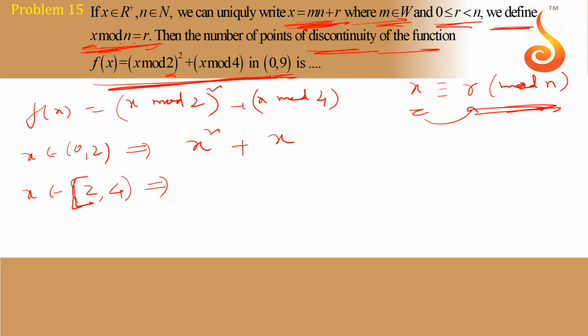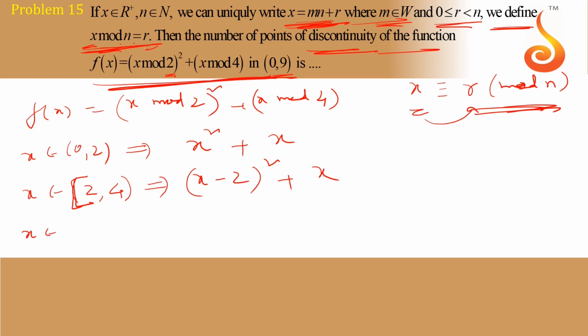It will be 1. If I take 3.2 with modulo 2, then what is the remainder? 1.2. Can I say what you are observing is nothing but x minus 2? So x mod 2 will be x minus 2 whole square. And now x is still less than 4, that's why you will get x only here.